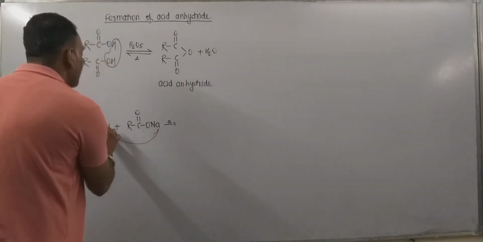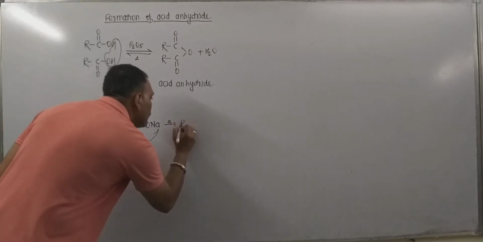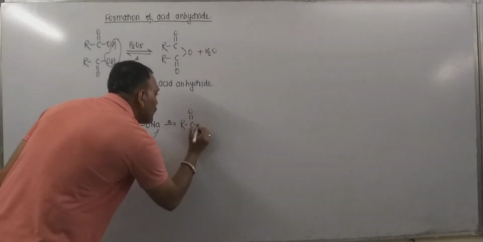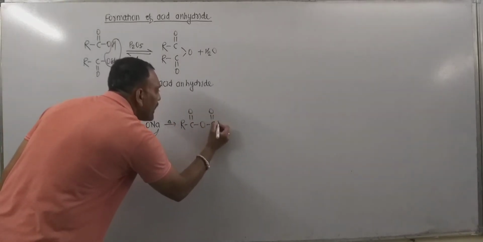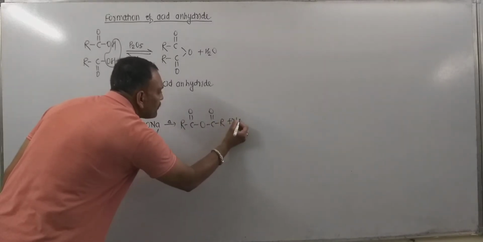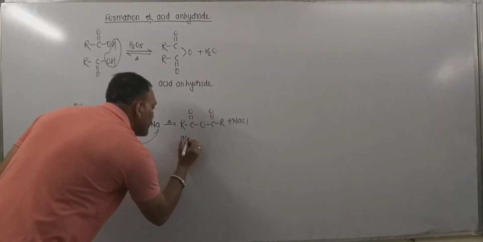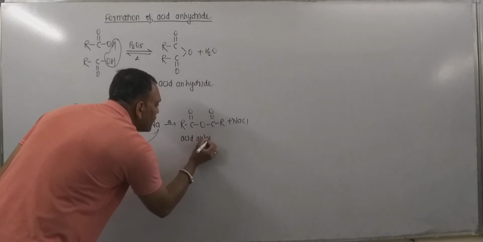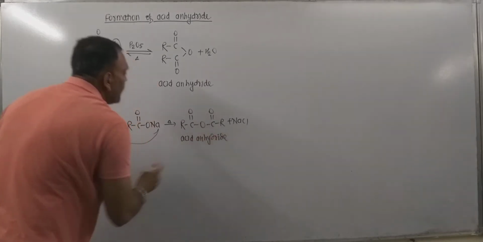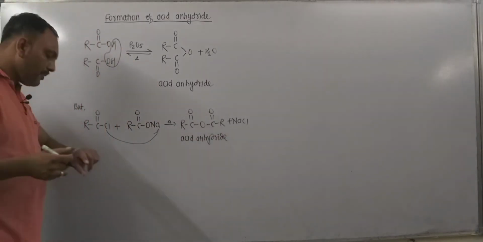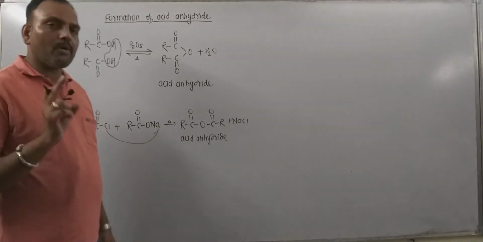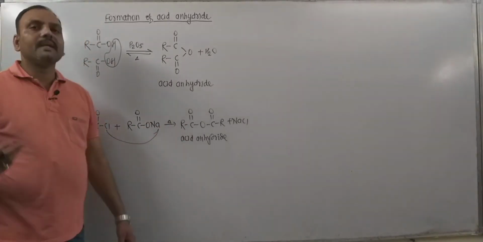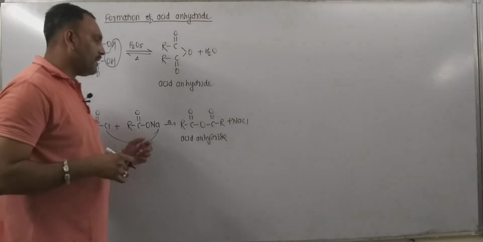So NaCl gets removed in this manner, and that leads to the formation of an acid anhydride. And remember, this one is acid anhydride. The advantage of this method is that one can prepare anhydrides on a large scale. Secondly, one can prepare mixed anhydrides as well.